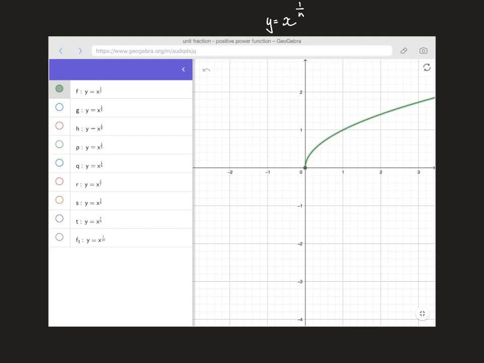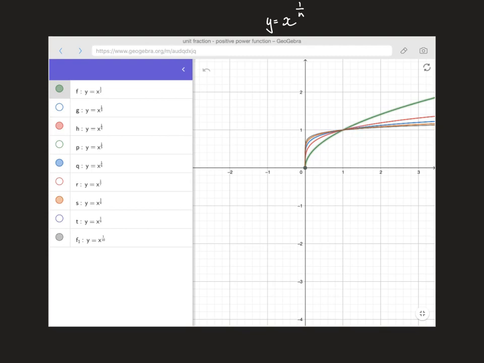So I've got the graph of x to the power of a half up there. So the next even numbered denominator is x to the power of a quarter. And you can see already that we've started to get some movement on the graph as well. So let's just keep a track of where those things are moving to and compare that to x to the 1 on 6, 1 on 8, 1 on 10.